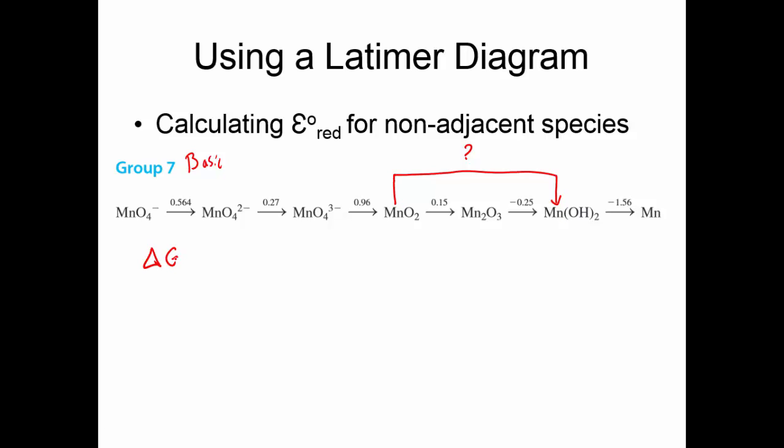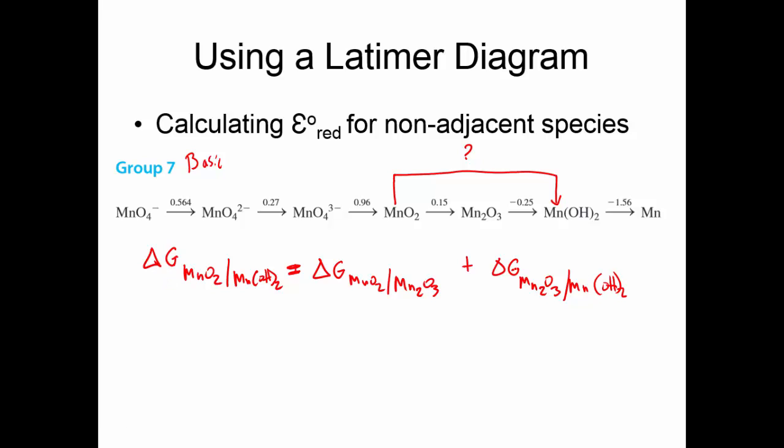So, going back to Gibbs free energy, the energy of the reaction going from manganese dioxide, or what we really should call manganese 4 oxide, to manganese hydroxide is going to be the sum of the Gibbs free energy going from manganese dioxide to manganese 3 oxide plus Gibbs free energy going from manganese 3 oxide to manganese hydroxide.